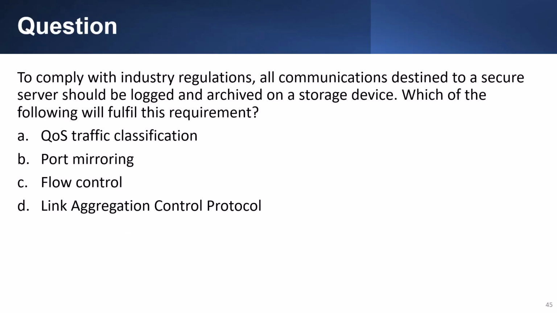Question: to comply with industry regulations, all communications destined to a secure server should be logged and archived on a storage device. Which of the following will fulfill this requirement? Answer: port mirroring.